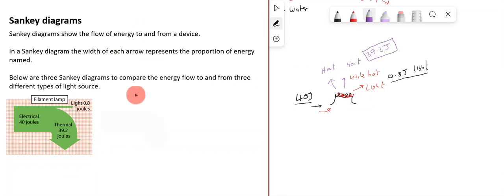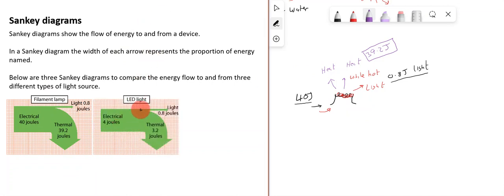So if we have a look at some other examples. This one here is an LED, light emitting diode. It takes in 4 joules, so it takes in much less energy than a filament lamp. Out of that 4 joules, 0.8 joules is turned into light energy, and 3.2 joules is lost as heat energy.